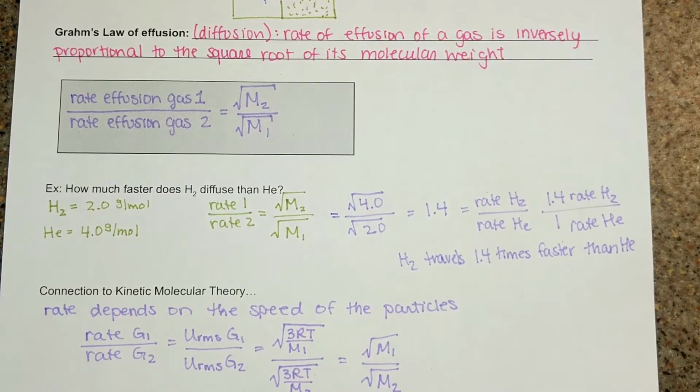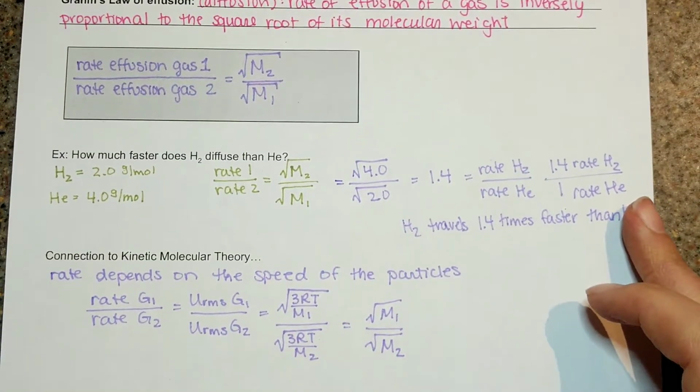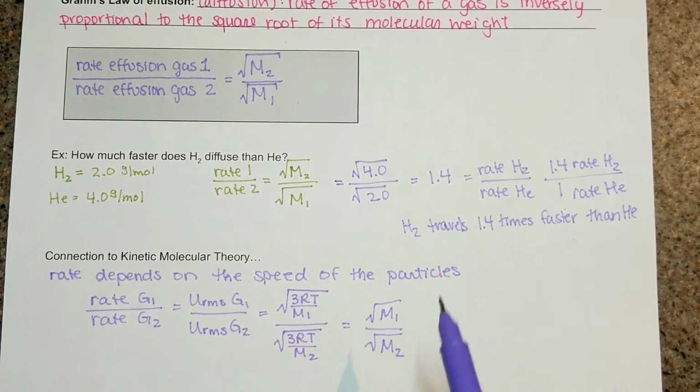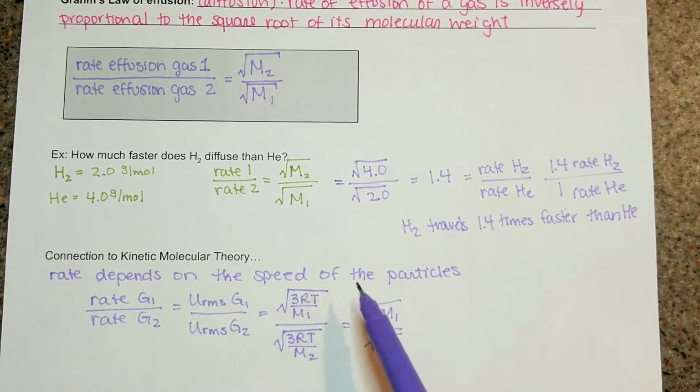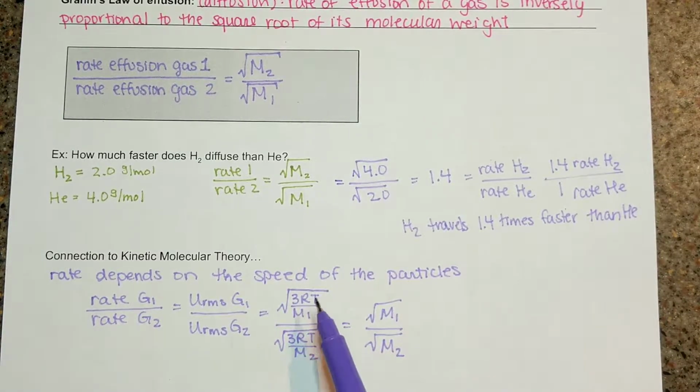Okay, so this connects back to the kinetic molecular theory. We derived before that the root mean squared velocity is equal to the square root of 3RT over the molar mass. And so we can say that the rate of the gas is proportional to the root mean squared of the velocity, right?